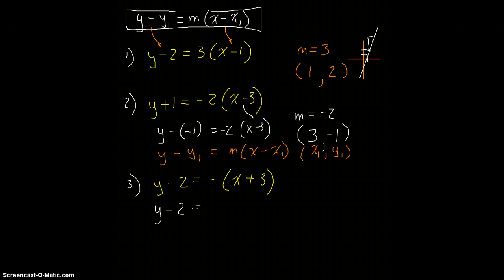This minus with the parentheses, remember this is like a minus 1 times x. I want a negative here. I want to subtract x minus a minus 3. If I rewrite it like this, everything lines up. And I get my slope was minus 1, and my point was minus 3 comma 2. Good.